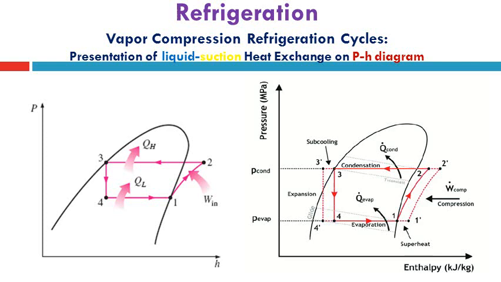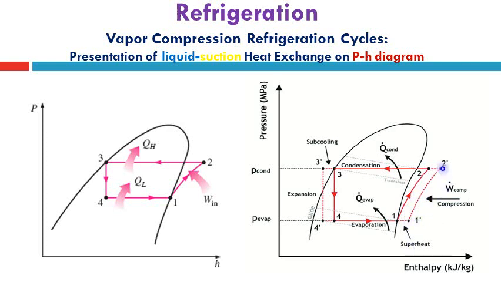in its upper part. However, the superheat here may increase the work required by the compressor due to the divergence of the constant S lines in this direction.